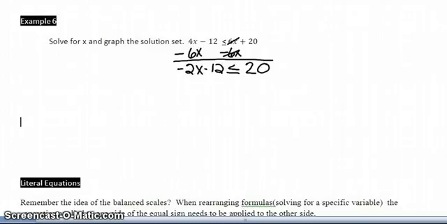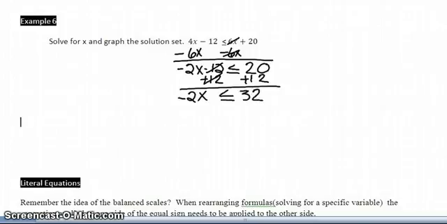Now I'm going to add 12 to both sides to get my x term standing alone. I'm left with negative 2x on the left side, less than or equal to 32.